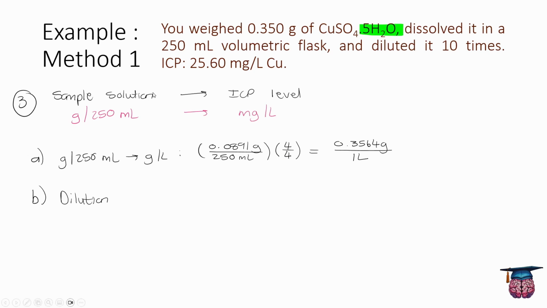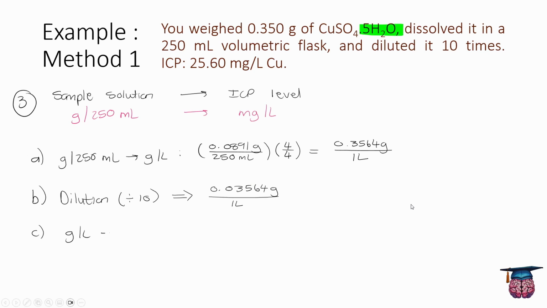Now our next step is we need to take dilution into account. Since we are moving from our sample solution, which we diluted for ICP, we are going to divide by 10 because we diluted 10 times. This gives us a value of 0.03564 grams per liter.